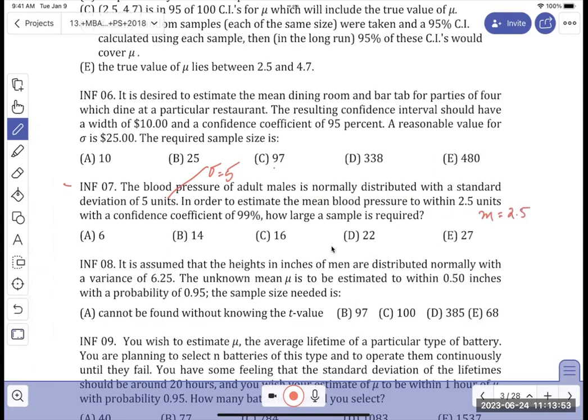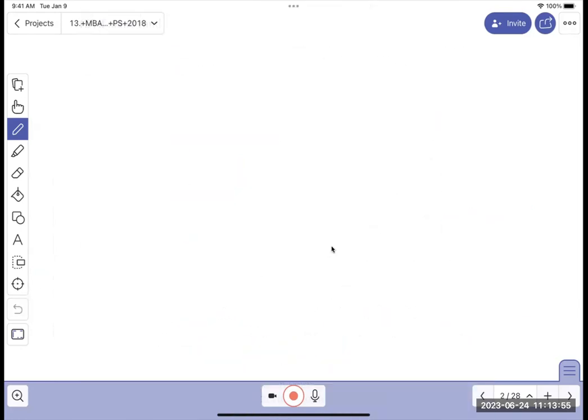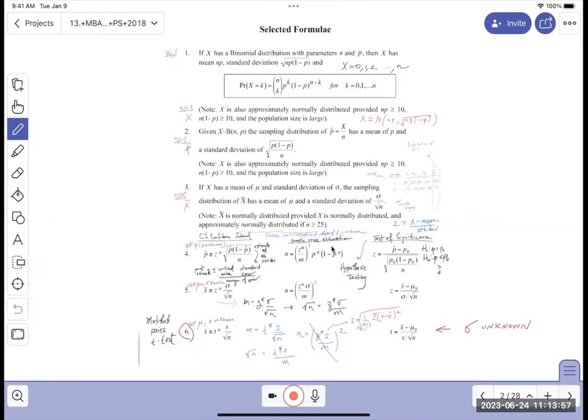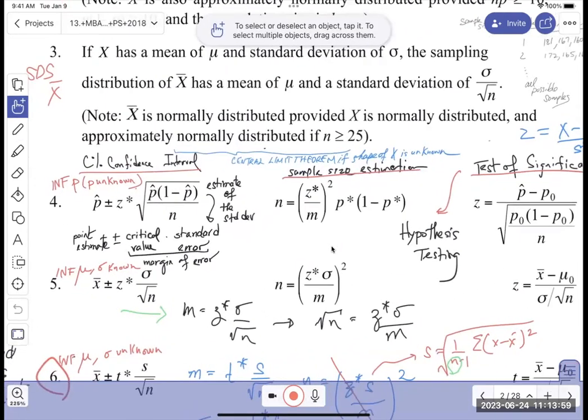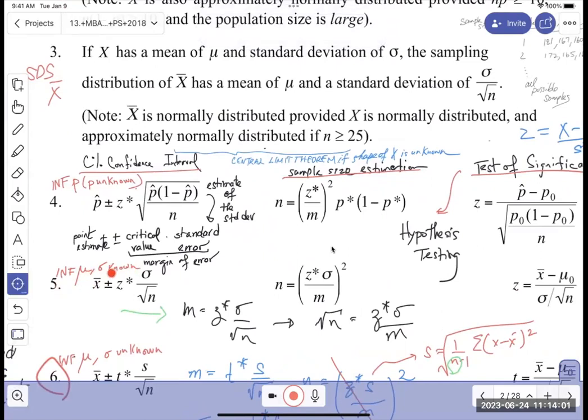So let's look back here. What we're doing is we're using number 5 now because we have sigma, which is better because these are exact. We have sigma, we can use Z, and we're using this formula here. So we need Z star, sigma, and M. We have M, we have sigma, we just have to get Z star, and don't forget to square.